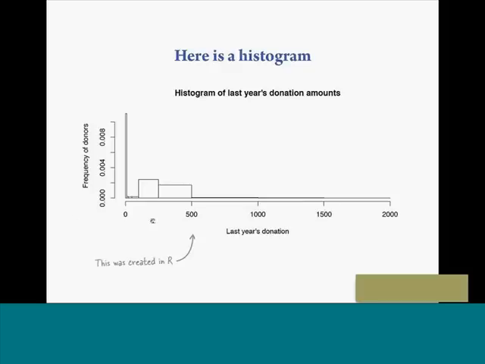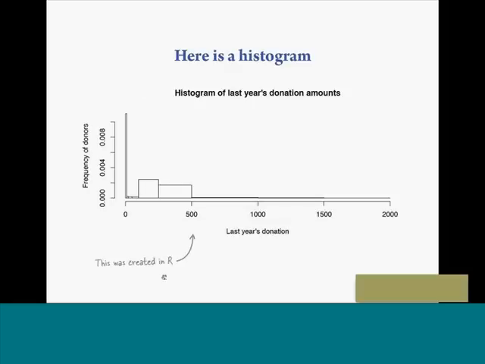And so the bins, from the perspective of the size of the donation, are of very different sizes. Each little block represents a bin, and the different sizes of the blocks represent the different sizes of the bins.